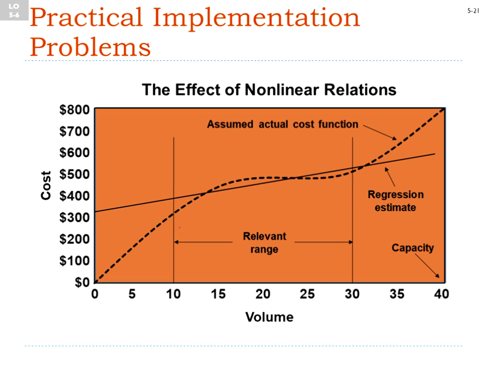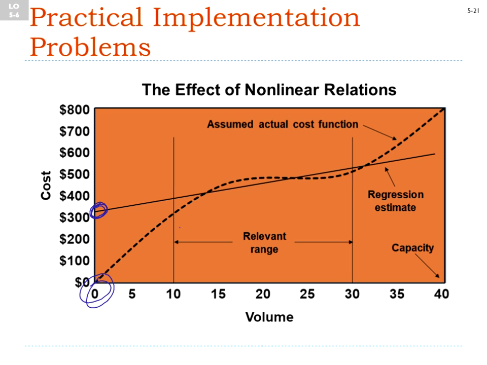Because look, at point 0, if we're making 0 units, this dotted line here shows that we also have 0 cost, whereas our straight line shows that we have a fixed cost of a little bit over $300, which is not correct.